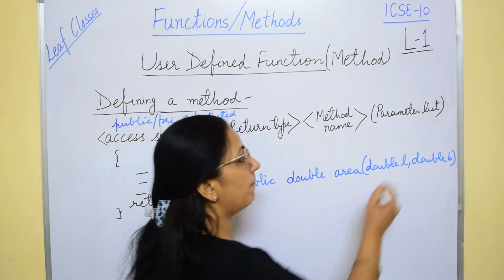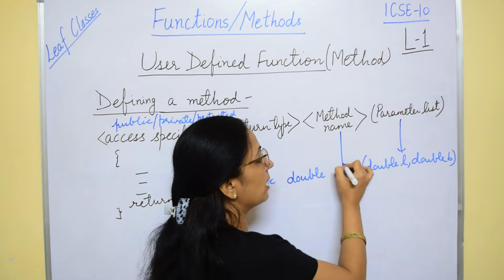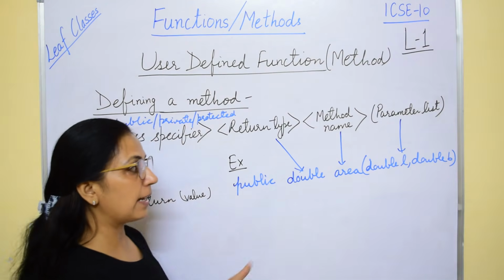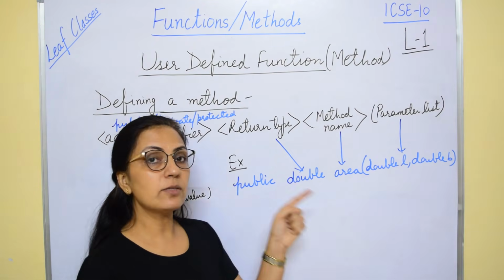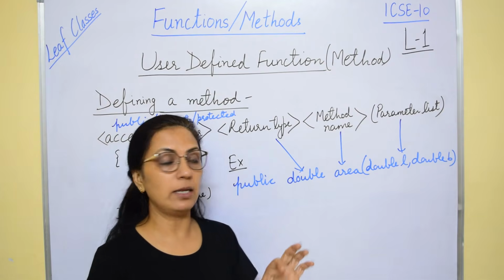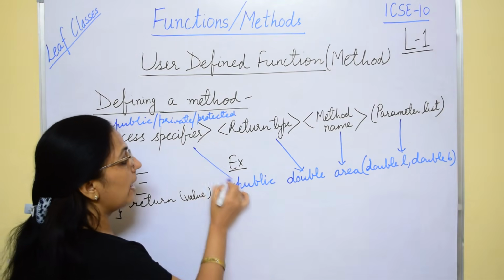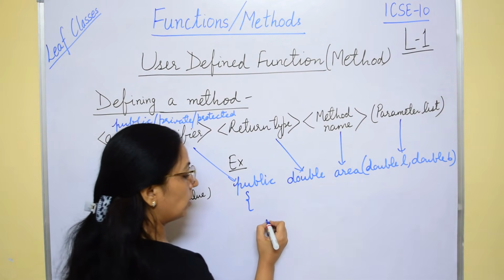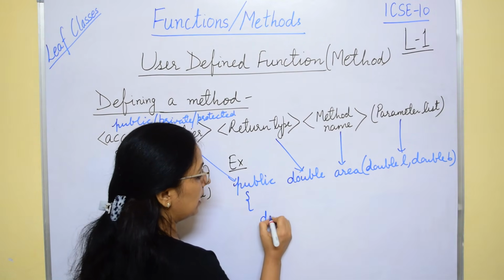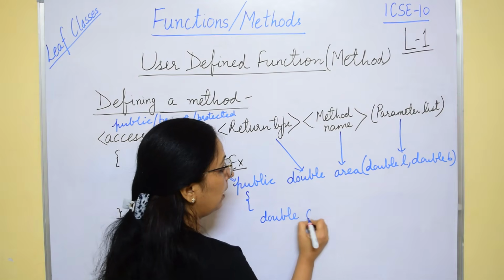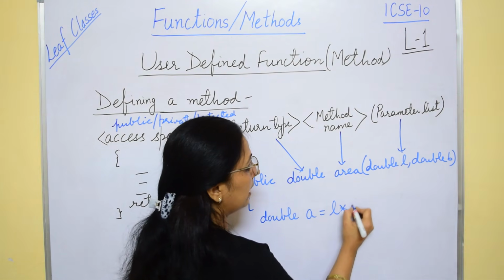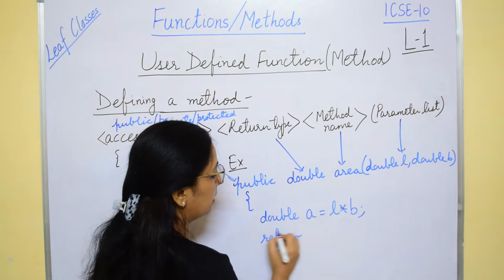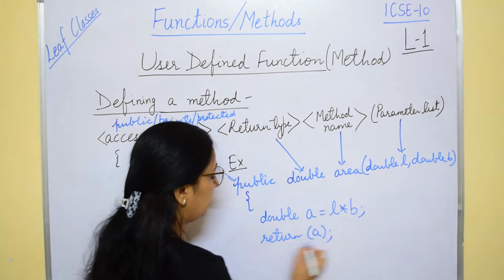So this is your parameter list. The function name is area. Return type is double. After calculation I want that this function should give me a double value, and this is the access specifier. Now the body of this function, what you can write here, say double A equals L into B, and you are writing return A, right?